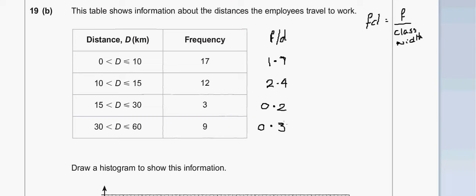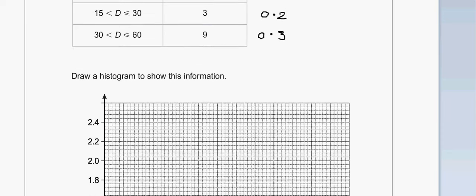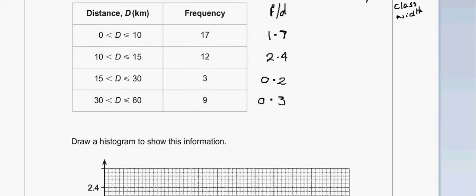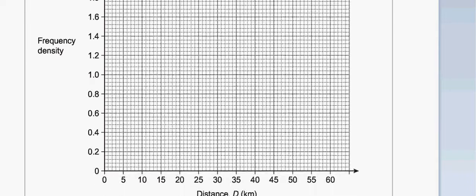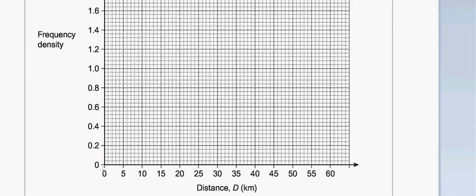Okay. So the frequency density tells us how far up the frequency density line we come to top off our bars. So from 0 to 10 we want 1.7. Sorry, but I'm going to have to jump up and down a bit here. So from here to here would be 1.7.